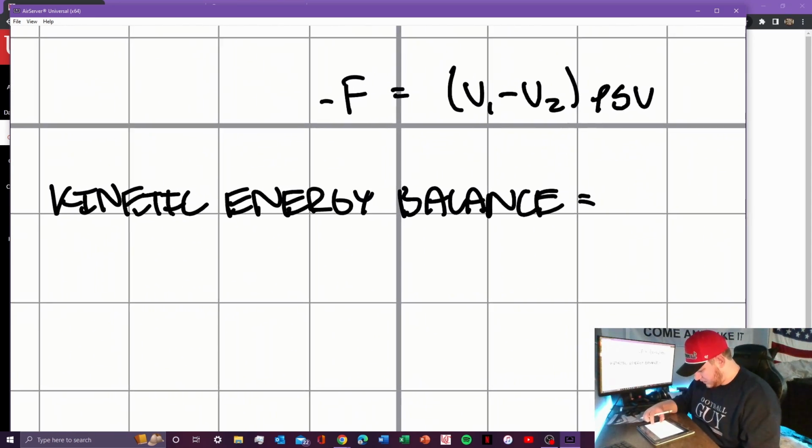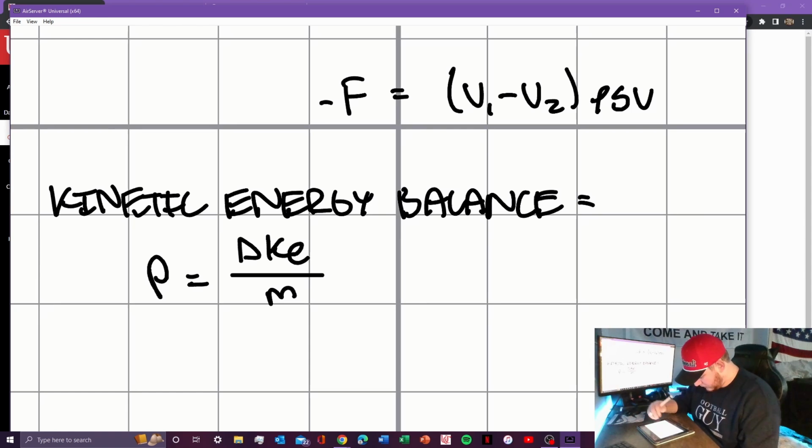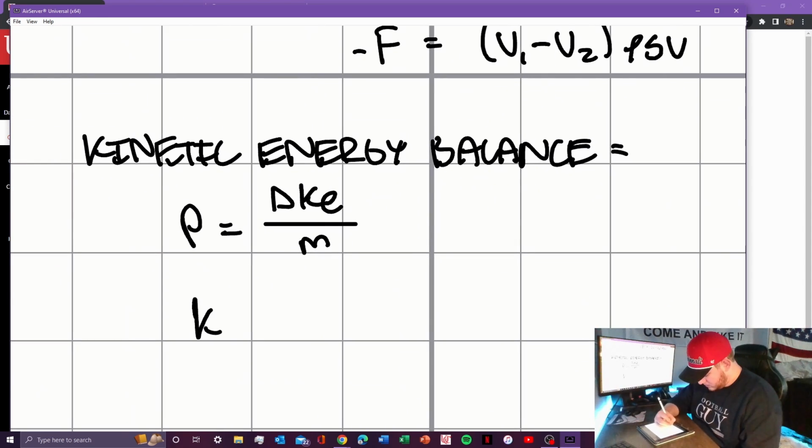Now let's look at a kinetic energy balance. We can describe it in terms of power. We know that power is equal to the change in kinetic energy over time. We know that kinetic energy is equal to 1/2 mv squared.